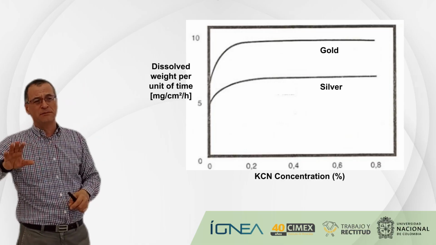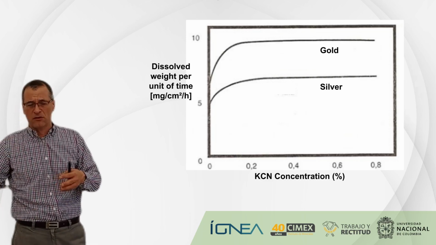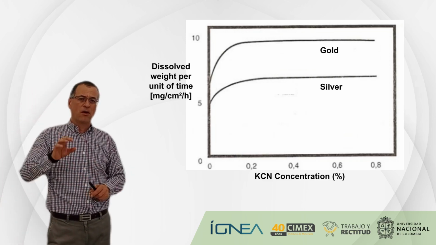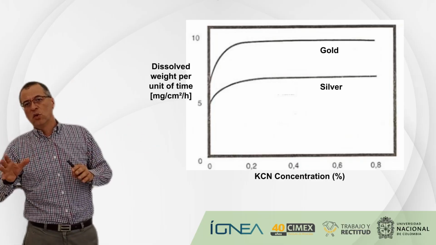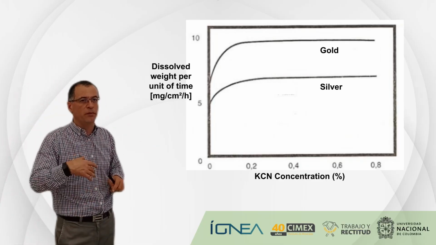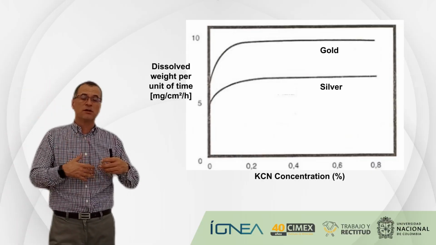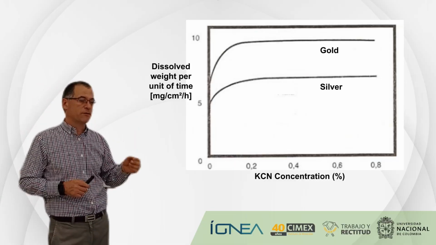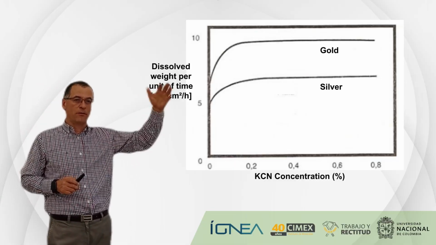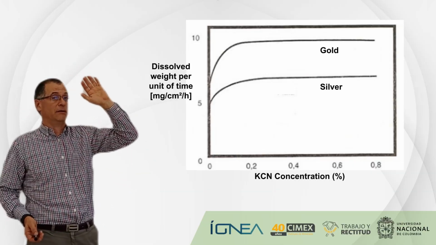We are working, and it's very common in the industry, depending on the condition of the ore, of course, with 2 kilograms of cyanide per ton of ore. That could be three, that could be 2.5. It depends on the conditions. Some people in some conditions use more, 4 kilograms of cyanide per ton of ore. In some cases, people use more than five.